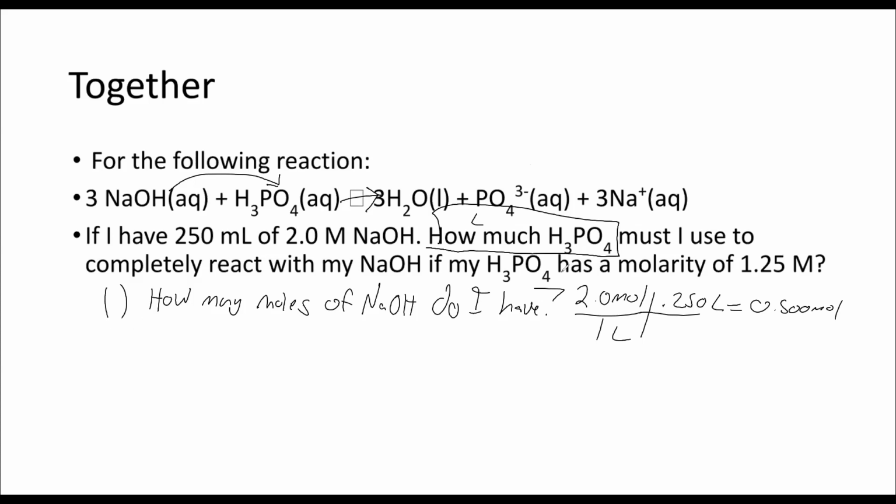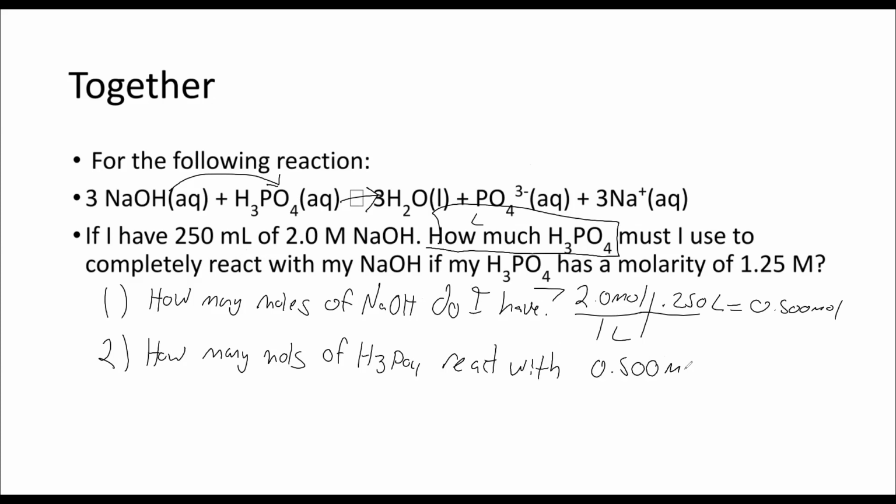So we know how many moles of NaOH we are using in this equation, and that's going to react with H3PO4. My next question is, how many moles of H3PO4 react with 0.500 moles of NaOH?